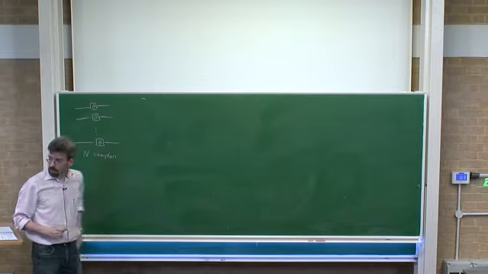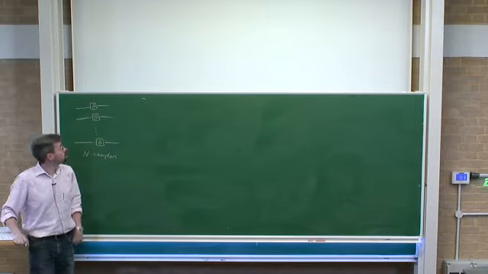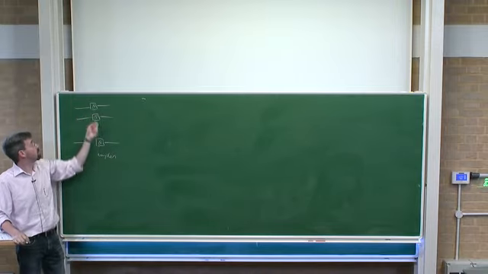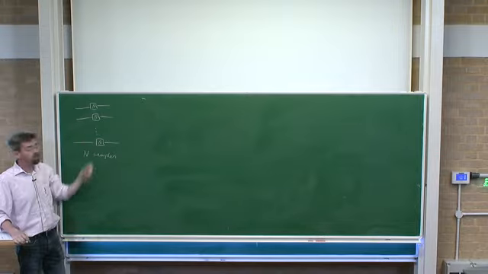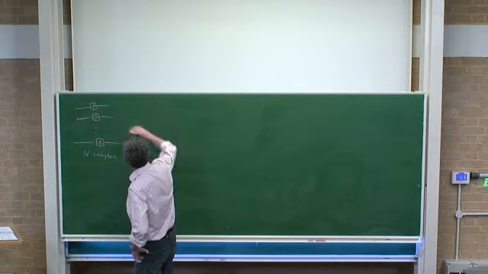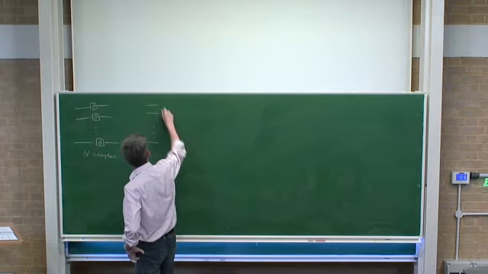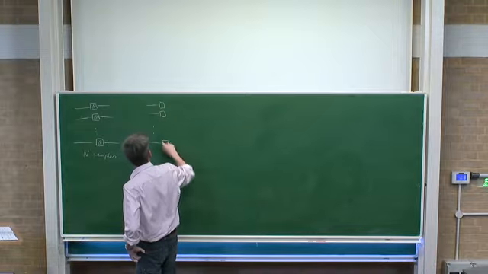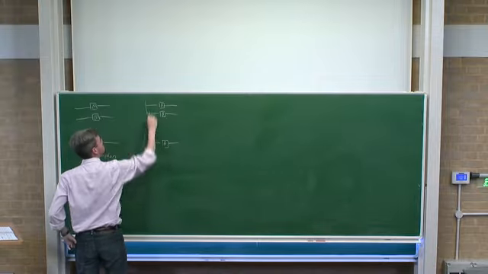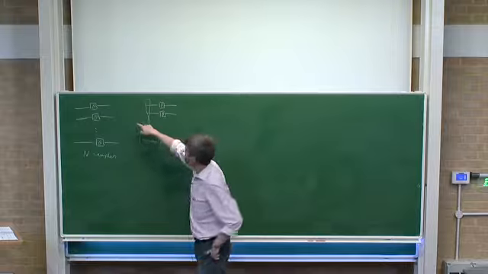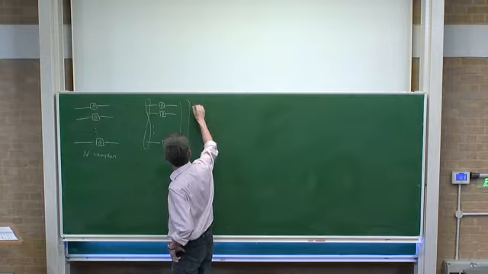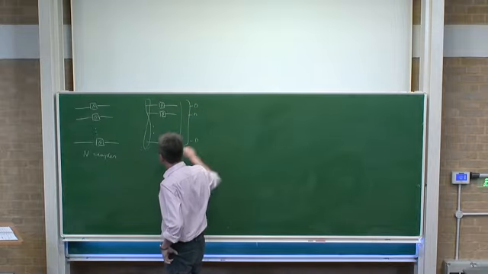And now, what is the resource here? Well, the resource really is the number of times you probe your system. So every time I have a box here, you probe the system. Here is a different way of doing it. You send in instead one single entangled state, and you do some measurement at the end.